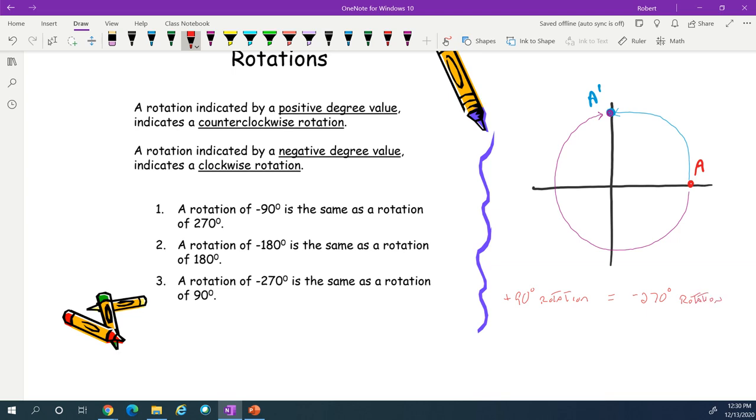So do we really need two different rules for the same thing? Well, maybe. It depends on the individual. You could have 6 rules in front of you and pick the right one, or you could have 3 rules and understand 90 degrees clockwise is the same as 270 counterclockwise. 180 clockwise is the same as 180 counterclockwise.